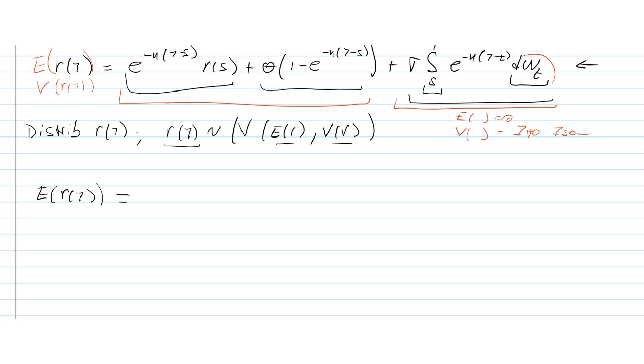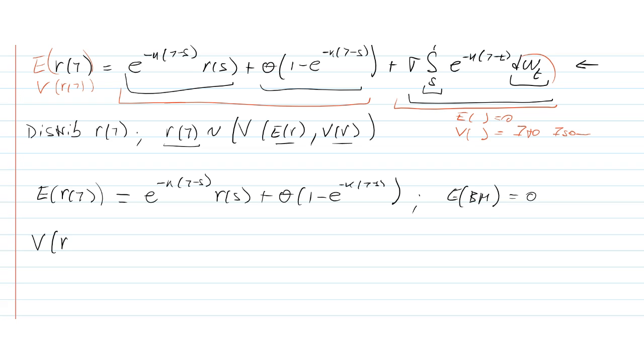This will be very simple. It's just applying the expectation on the deterministic terms, and you just simply leave it like that. The explanation is just that the expectation of the summation of independent Brownian motions is 0.